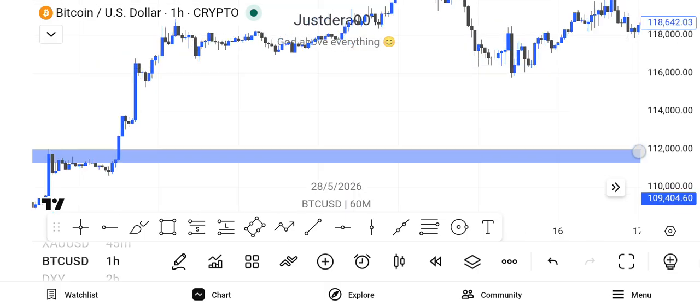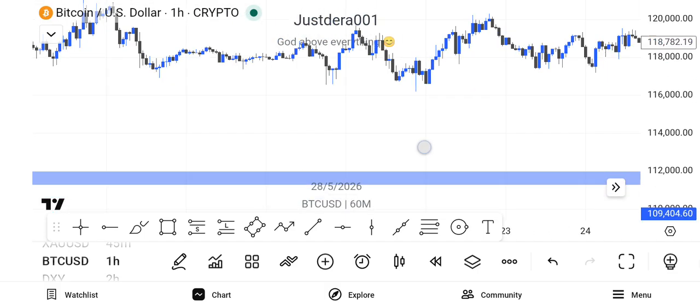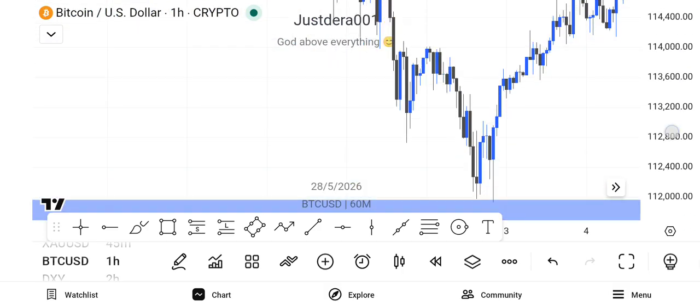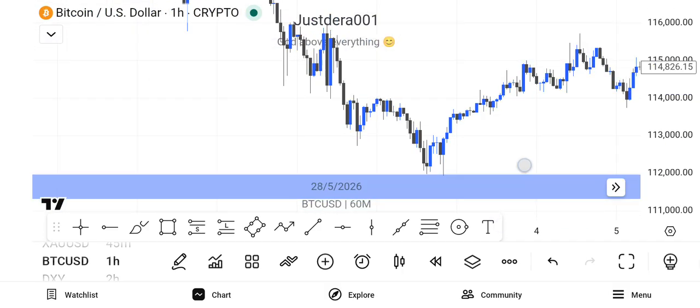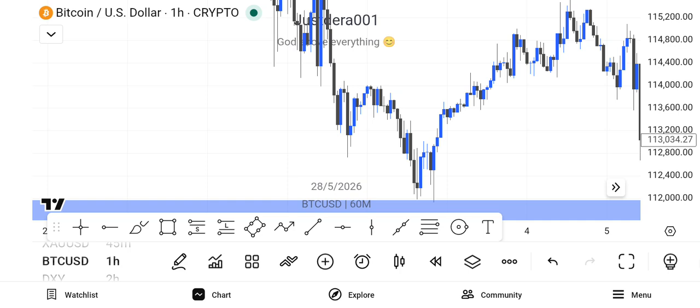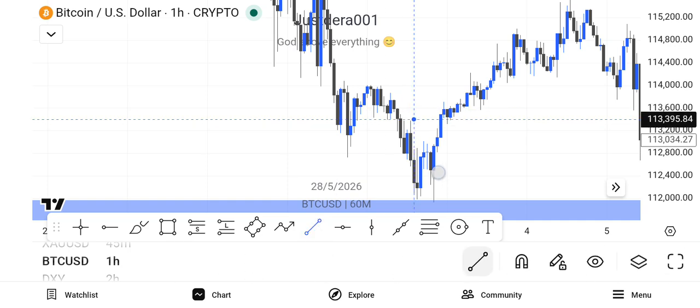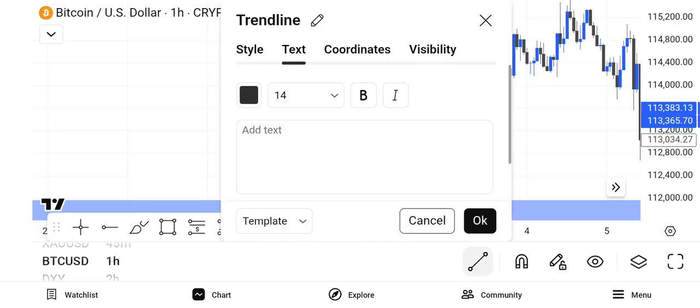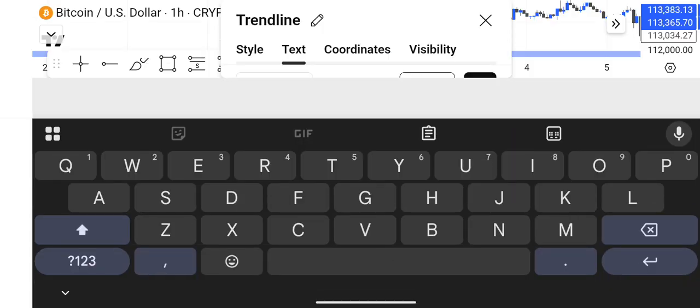So when the market was coming to this zone here, when the market tapped to this zone, this was the last move that the market created here. So when it tapped to that zone, the market closed above this zone with the body candle. So we got the MSS.